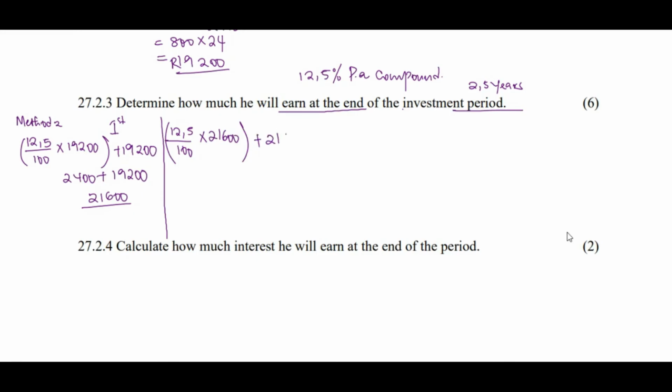Plus. So you get your interest as 2,700 plus the money that is there. So you end up having 24,300. This is the second year. Now the other part, remember you said it's half yearly.